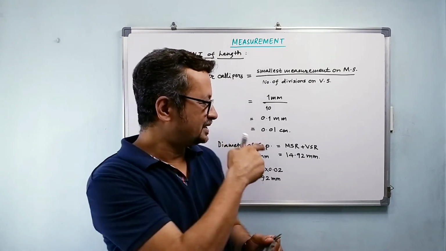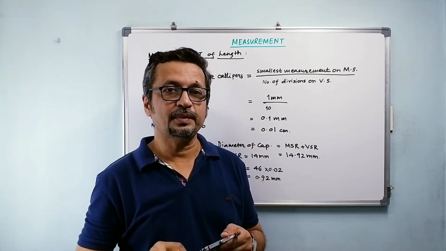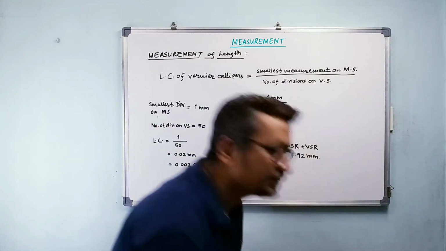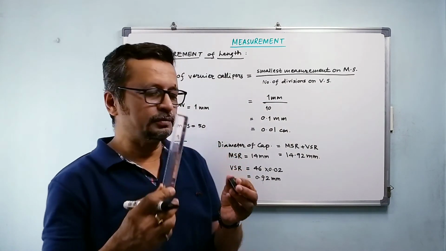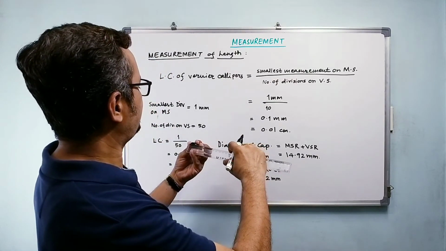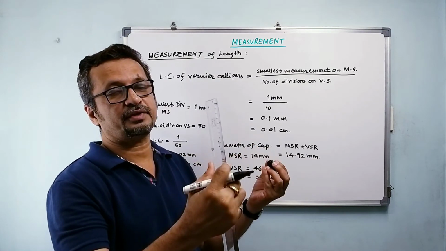Now you can see here that I was able to measure this diameter like this. I could use this small meter rule, and I could find that it is between 14.5 and 15.